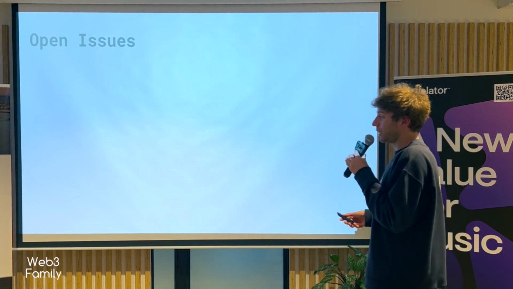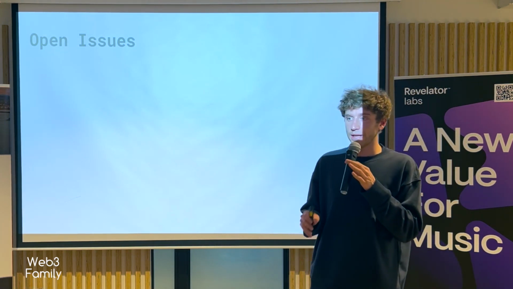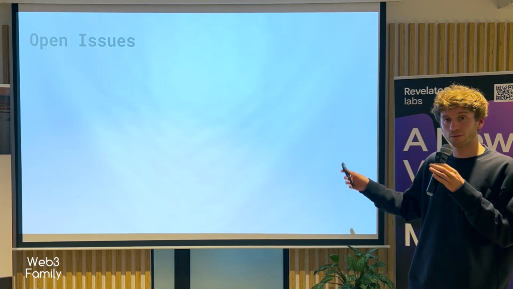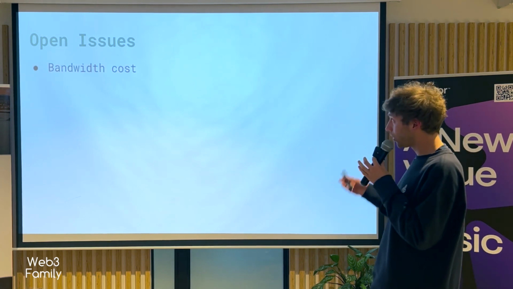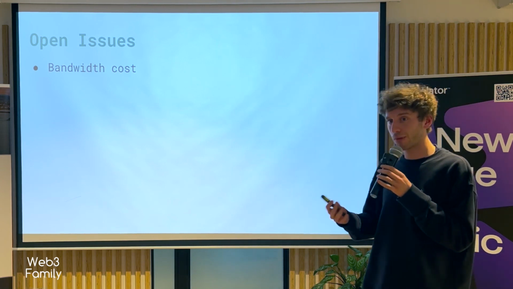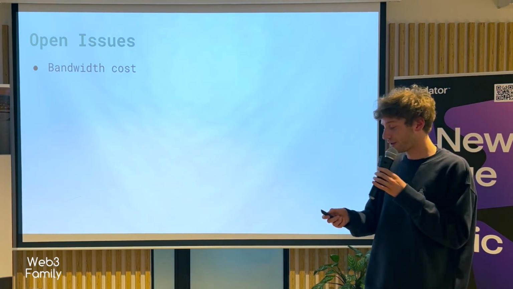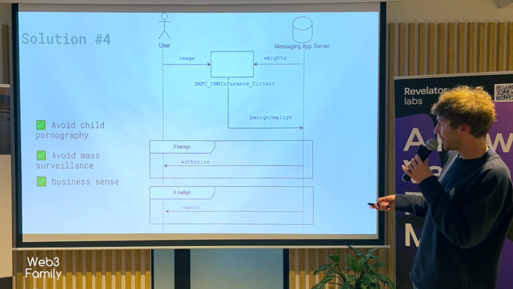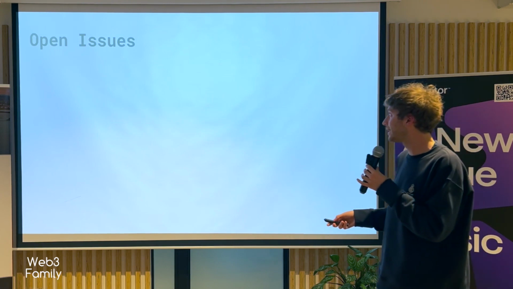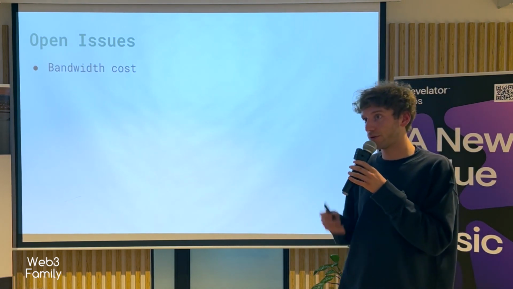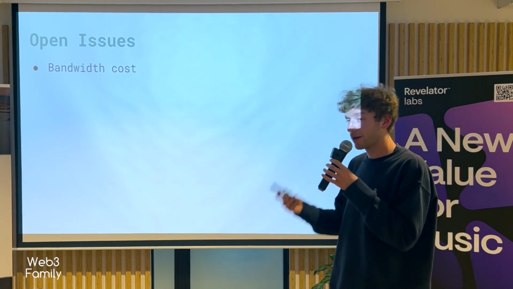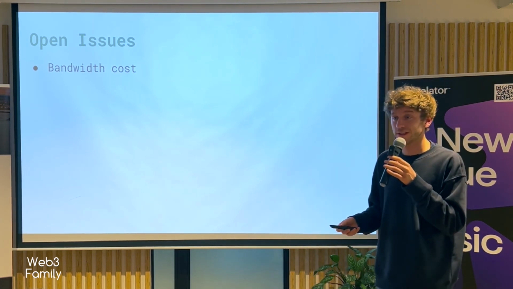So there are issues. Of course, it's not as good as I presented. I glossed over many complications, and one complication is the bandwidth cost. Bandwidth means the amount of data being exchanged, so basically the amount of data being exchanged inside this box, and this is true especially for two types of MPC techniques, which are garbled circuits and linear secret sharing.